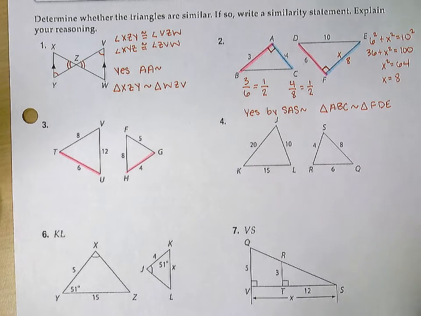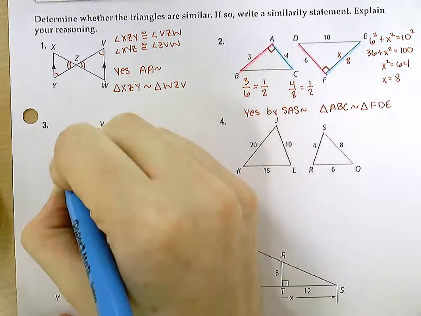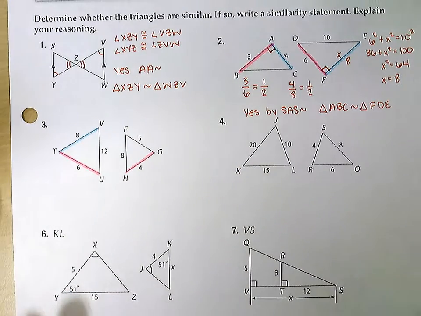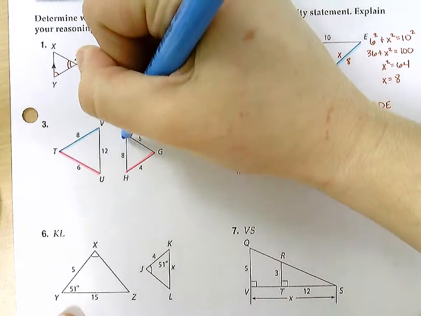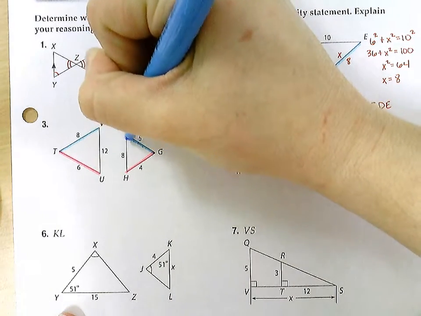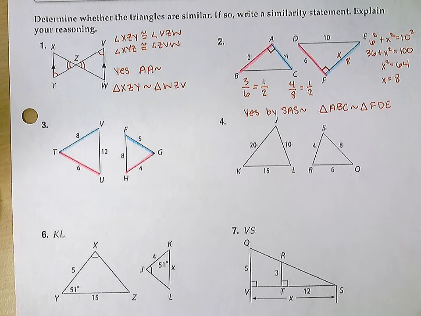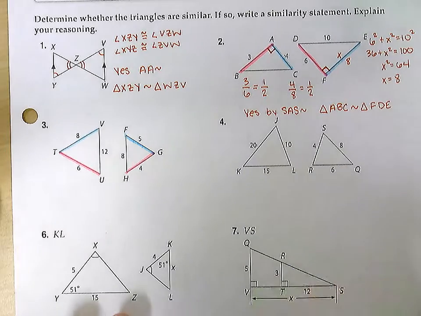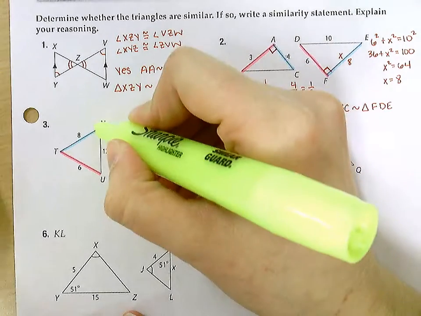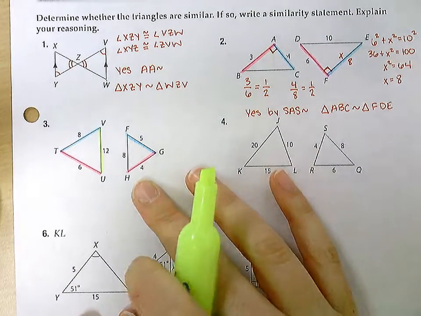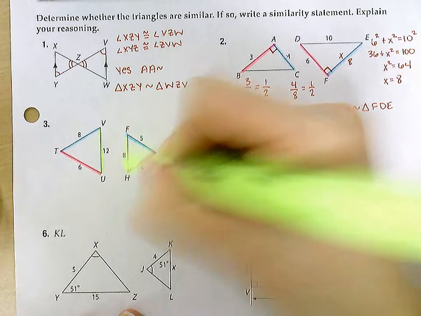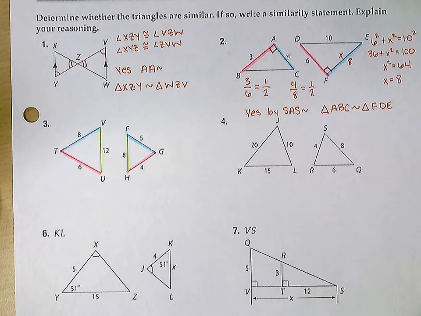My next smallest side is 8, so that middle side corresponds to my next smallest side in my other triangle, which is FG, or 5. And then my largest side in the triangle on the left is VU. My largest side in this triangle here is FH. I like to highlight them just so it's a little bit easier to set up those ratios.